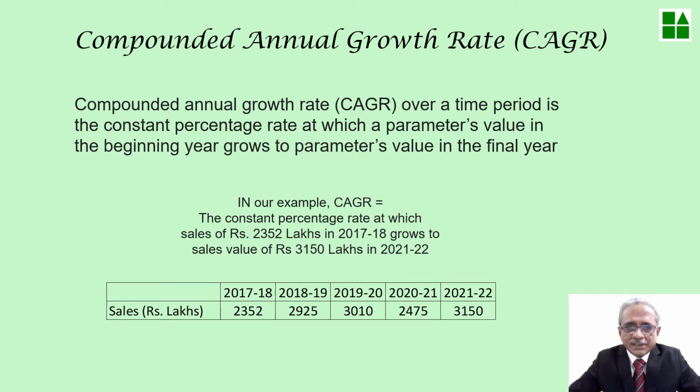In our example, CAGR is the constant percentage rate at which sales of 2352 lakhs in 2017-18 grows to the sales value of 3150 in 2021-22.